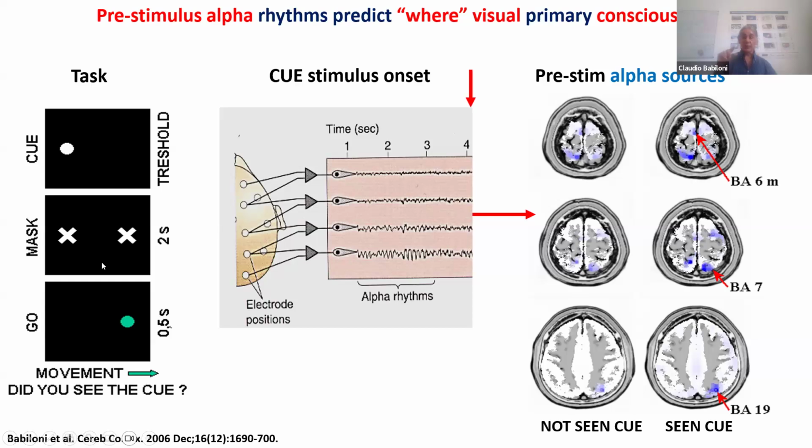When the go stimulus is on the opposite side of the cue stimulus, there is a delay, a cost, in relation to an unexpected change of the side.